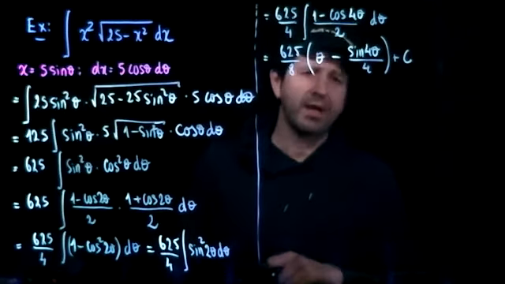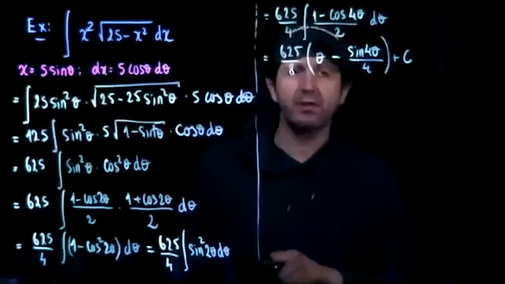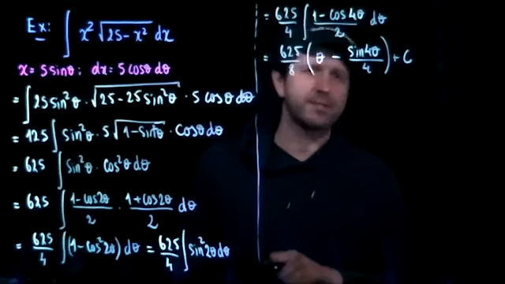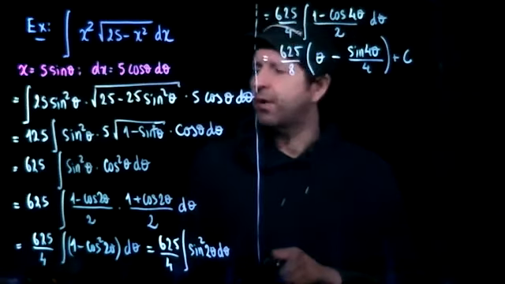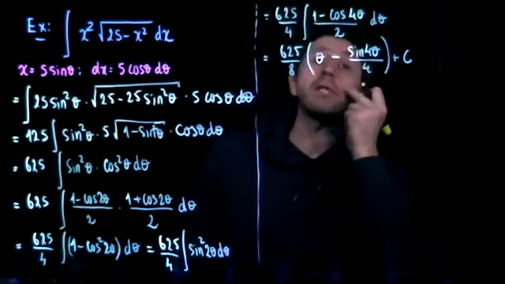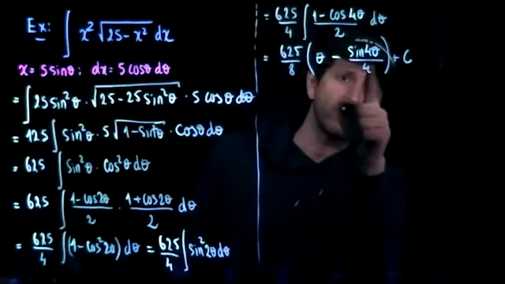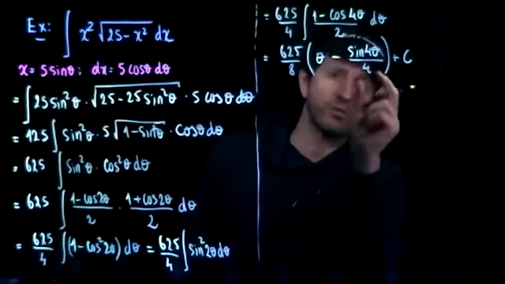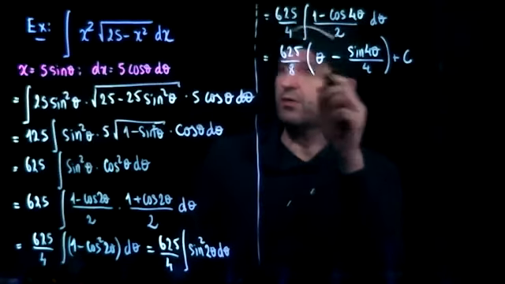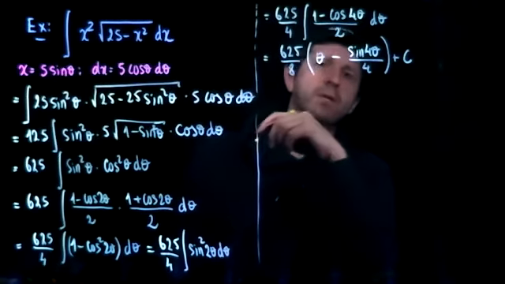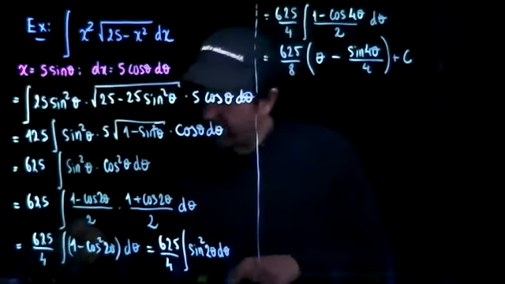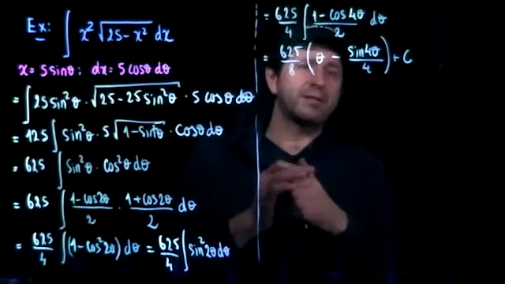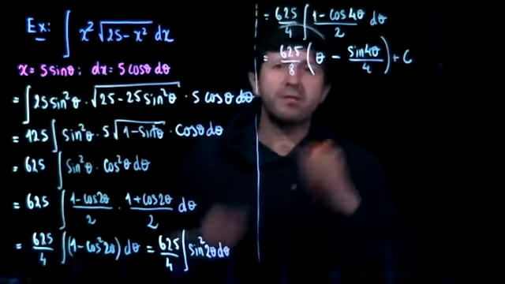The only thing I need now is to re-express everything in terms of x. Okay, so the headache here is that we have sine of 4 theta, but I need sine of theta. I need everything in terms of theta, because the argument in my substitution is theta, it's not 4 theta. So I'm going to rewrite again the two identities that you need for this.